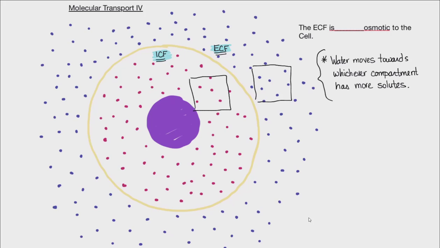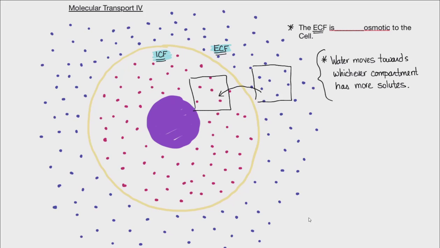Now, I'm always interested in which compartment is going to have a greater osmolarity, or maybe they have the same osmolarity. And so the way that I describe that is with this sentence. I'm going to let my extracellular fluid be my starting point, and I'm interested in the concentration of stuff in my extracellular fluid relative to the concentration of stuff in my intracellular fluid.